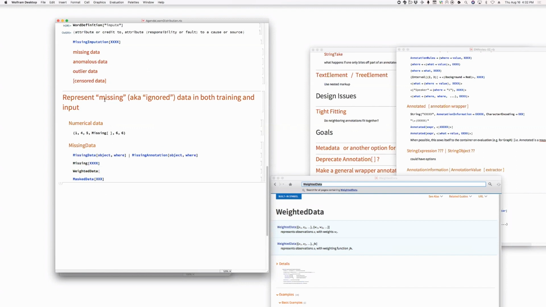You get what I'm saying? It would be better to have a name which doesn't have missing in it. That's why masked data would be, I mean, it's sort of ignored data or something, but that's not good either. Just marking it. It might be like the marked data.